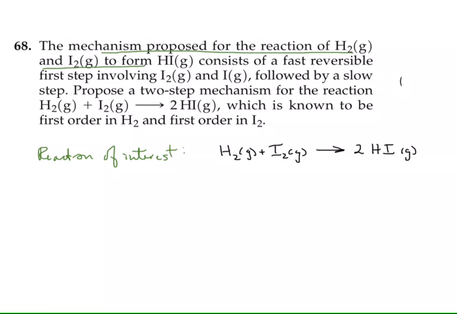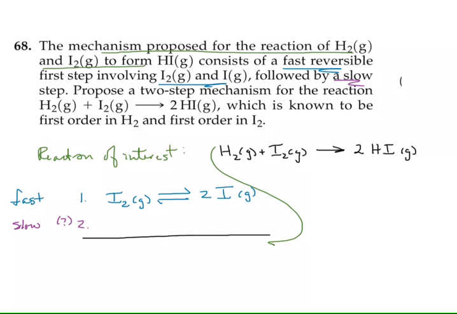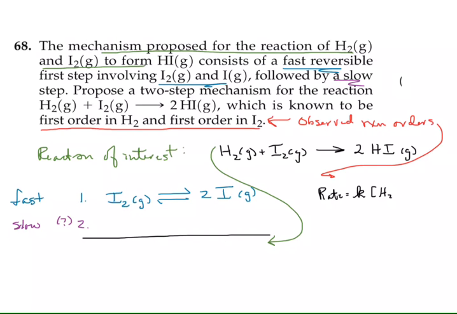Okay, reaction of interest. If you read it a few times, you'll come to this sort of thing where, again, not giving you the second elementary step, but you know the one step you have to add it to, and you know the reaction of interest. So you should be able to knock out that slow rate determining step. And those are my hints for that one.